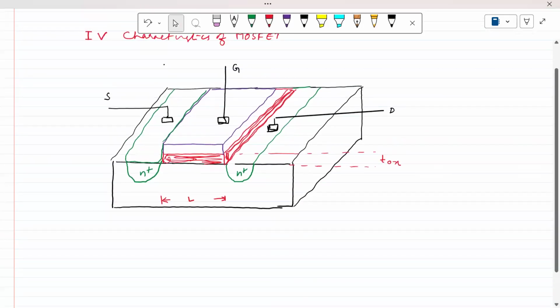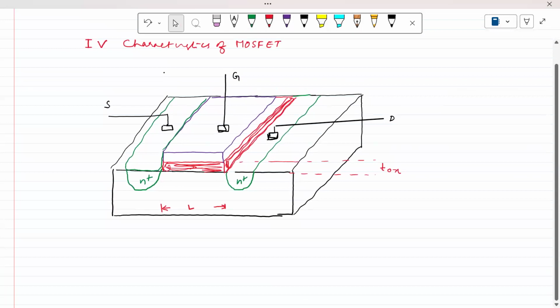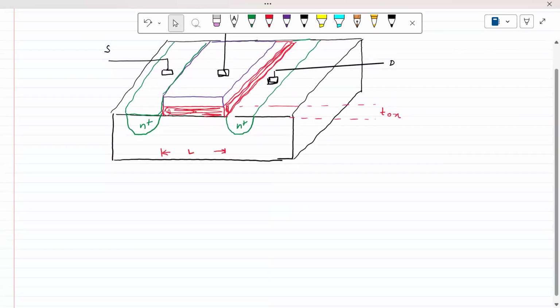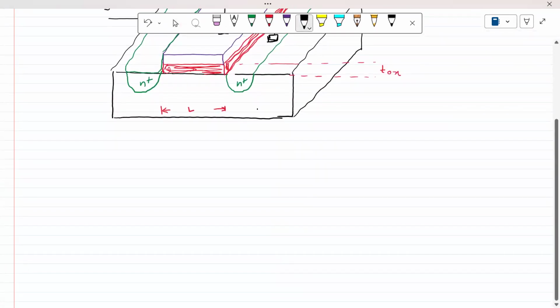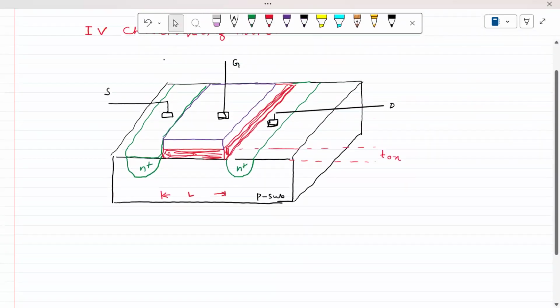And by default, the body is connected to ground since it is an nMOS transistor, because it is a p-type substrate, and the source and drain are n plus.